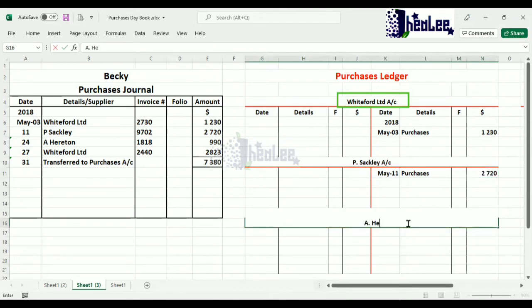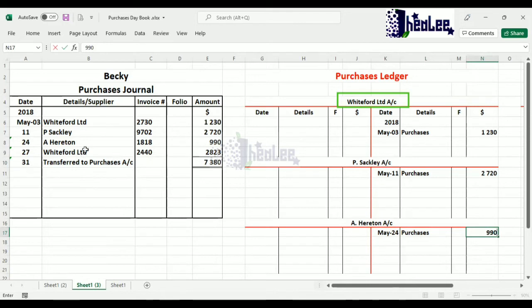So Ayrton account, and this is May 24th. The details again is purchases, and the amount is $990. There's another one which is May 27th.